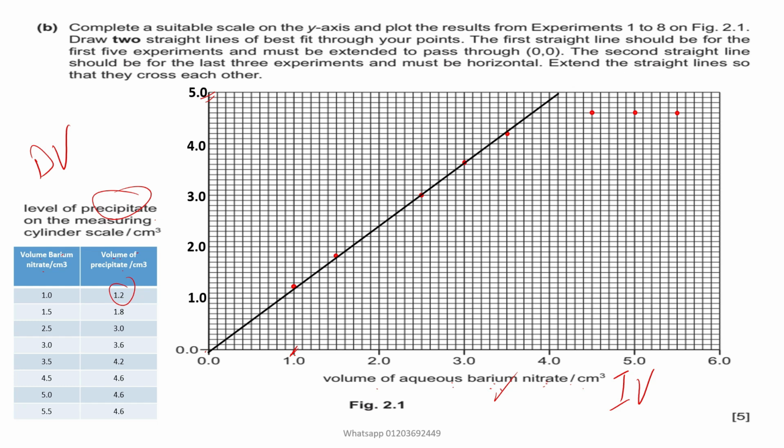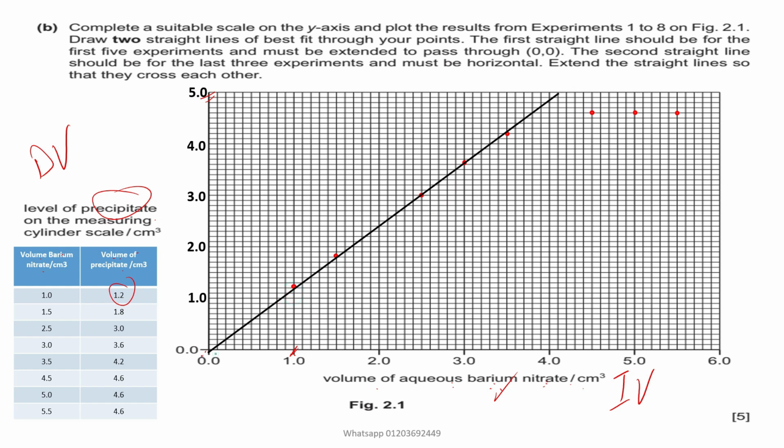Now, for one line of best fit, it doesn't matter to pass through all the points, but with an equal number of points on both sides, up and down, of this straight line. Here the line of best fit is extended to what?